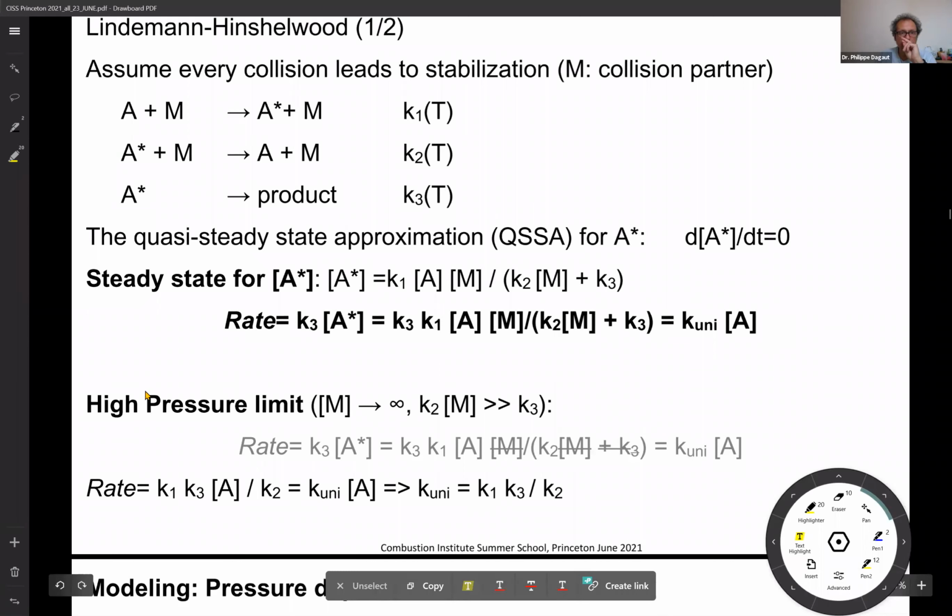So at very high pressure, at the high pressure limit, M tends to infinity. So K2M is much larger than K3, and this equation can be simplified. And then we get K unimolecular equal K1 K3 over K2.